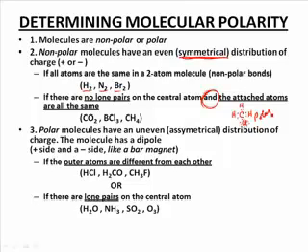Polar molecules have to meet either of these two situations: if we have an outer atom that is different, like the one I just drew, or if there are lone pairs on the center atom. So even if the outer atoms are the same, the lone pairs are going to deform the shape to a degree that the dipoles will not cancel out. So the presence of lone pairs on the central atom is going to give us a dipole moment.